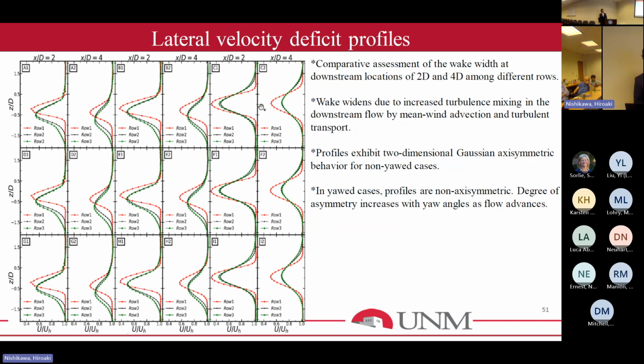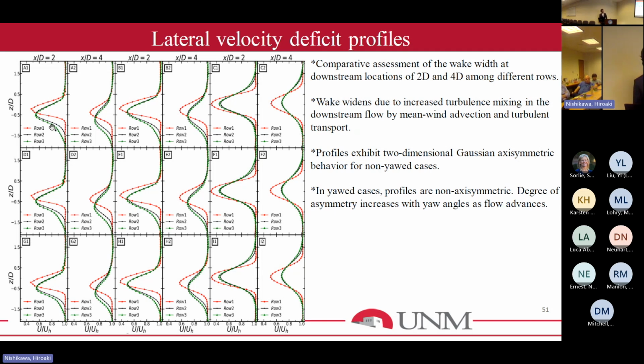For the non-yawed case, this is kind of a 2-dimensional Gaussian axisymmetric distribution, but for the yawed case, it becomes non-axisymmetric, and the non-axisymmetry increases with the increase of the yaw angle.